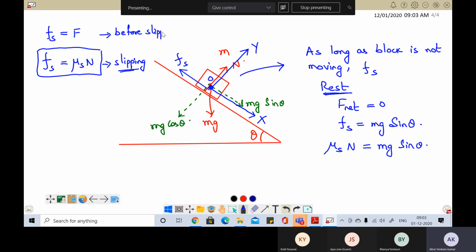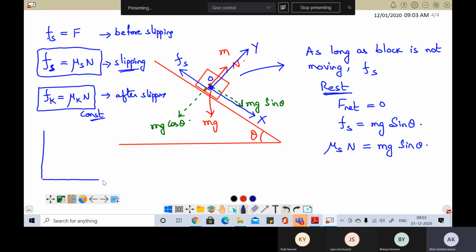After slipping, its value will be what? It changes its nature from static to kinetic friction, and this value remains constant, whereas static friction force is not a constant force.